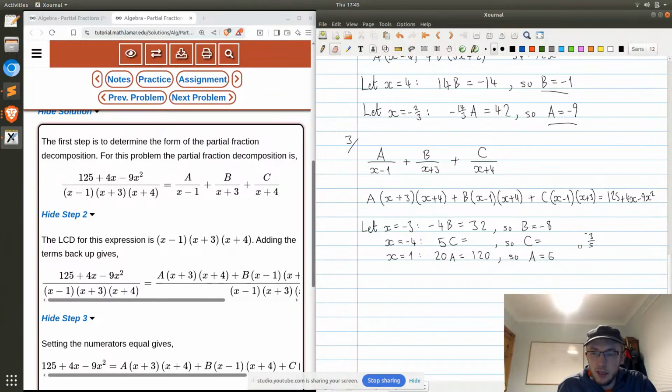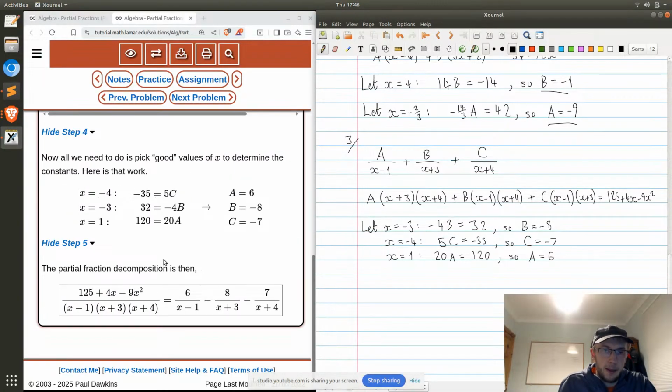I'm glad we caught it in the end. It certainly didn't feel right. Wait, was it 35 or negative 35? Oh, negative 35. And therefore c should be negative 7. Okay, so that's good.